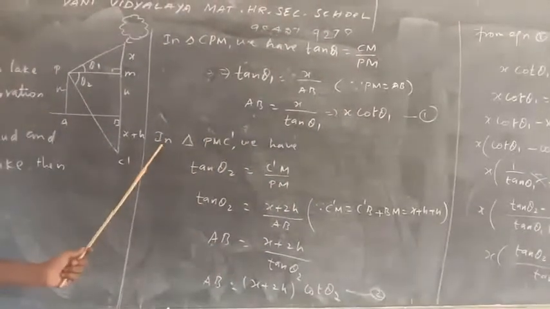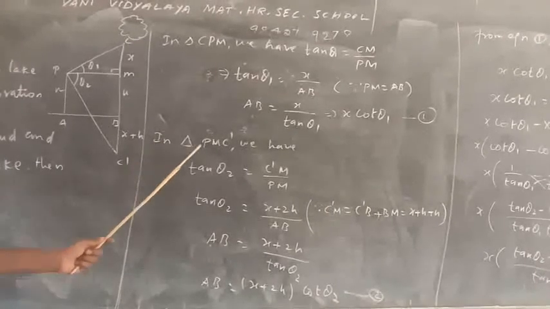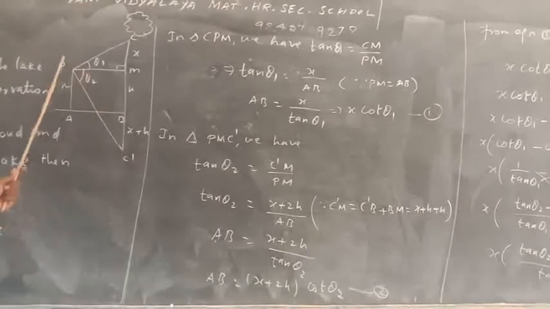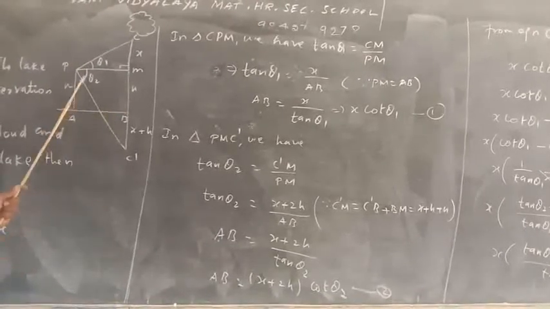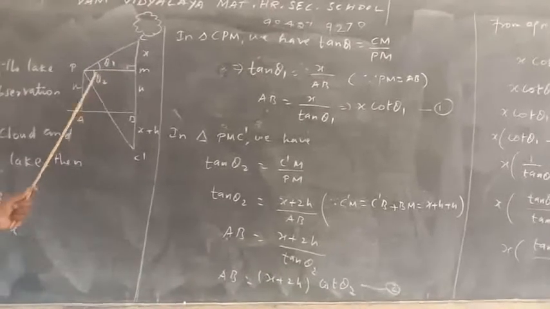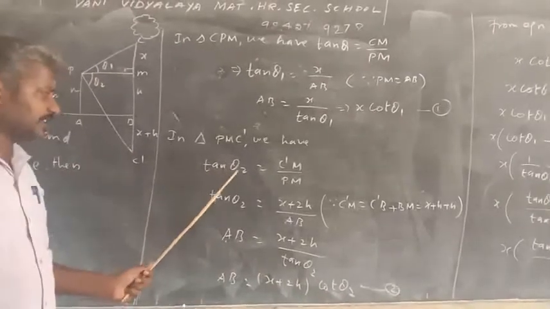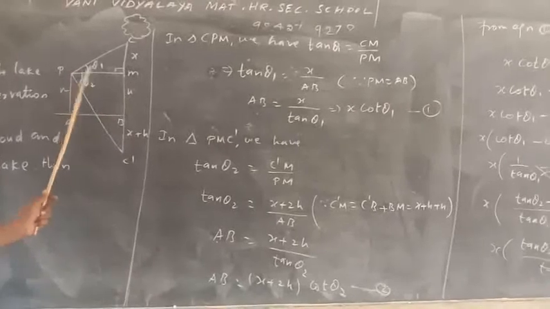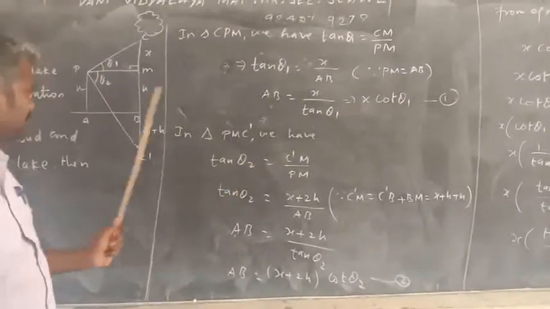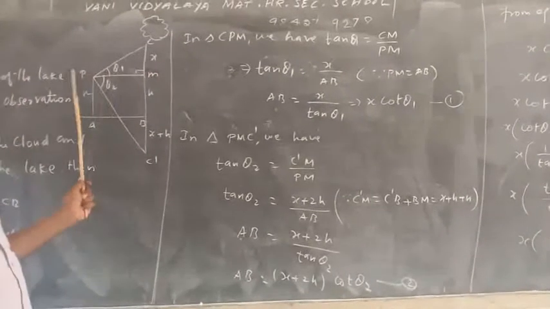Next, take another triangle, triangle PMC dash. This is angle theta 2; this one is theta 1, this one is theta 2. So tan theta 2 equals opposite by adjacent, opposite side C dash M by PM.